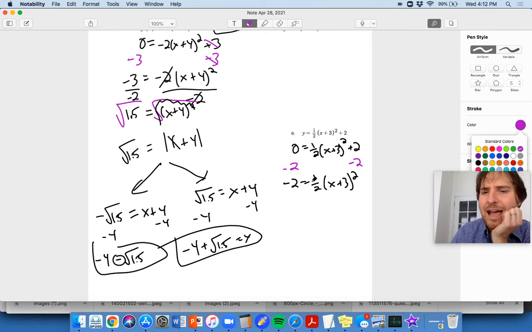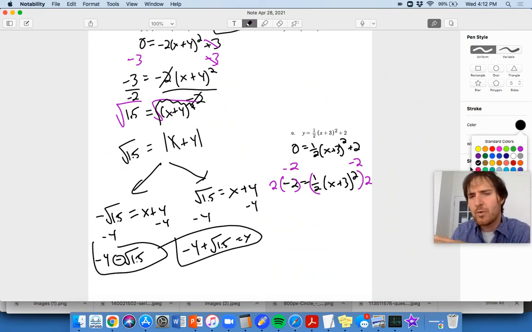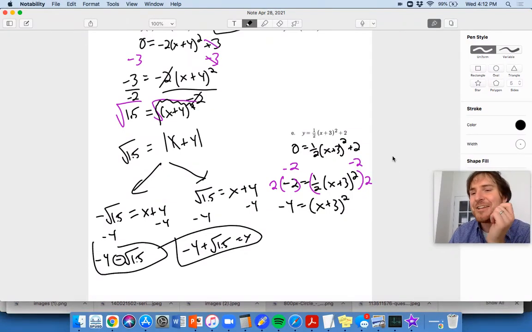Well, to get rid of the 1/2, instead of dividing by 1/2, what I should just do is multiply both sides by 2. So I guess that's part of the reason why I'm showing this to you. Whatever you do to one side of an equation, you've got to do to the other. So multiply one side by 2, multiply the other side by 2, and I get negative 4 equals x plus 3 squared, okay? Here's where the issue comes.